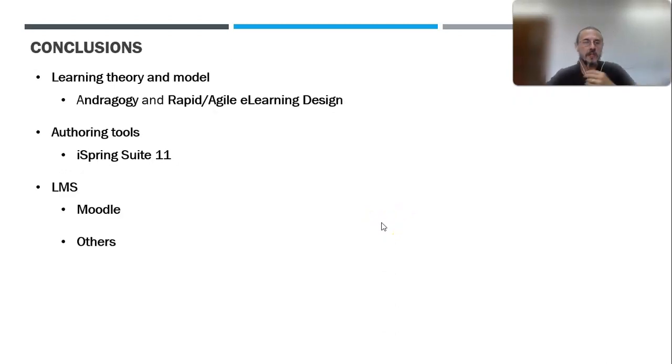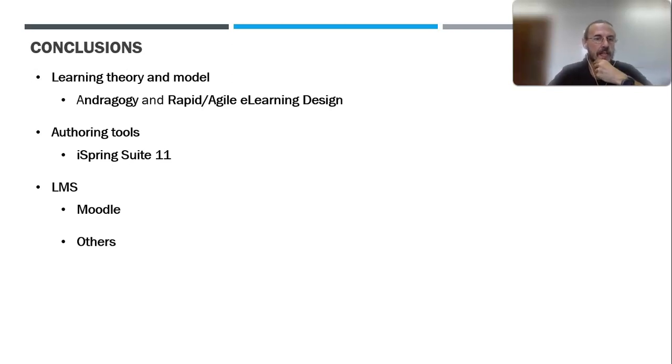And my conclusions. Well, the learning theory model, andragogy, and rapid agile e-learning design, for me, I don't have any other way to do this, because I'm designing technical courses that have a life cycle too short to follow complex design models like the others that we are learning in the course.